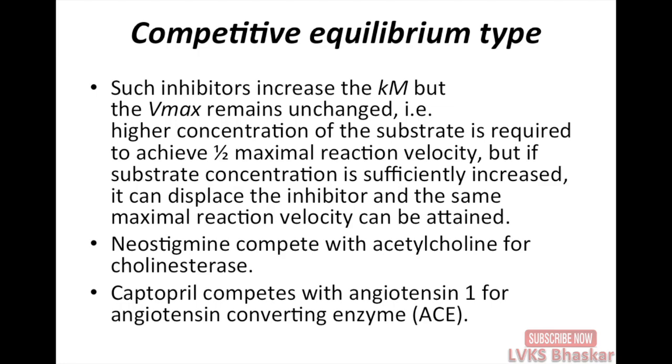So in the competitive equilibrium type, the Km value increases and the Vmax value remains unchanged. Examples are neostigmine competing with acetylcholine for cholinesterase, and captopril competing with angiotensin I for angiotensin converting enzyme.